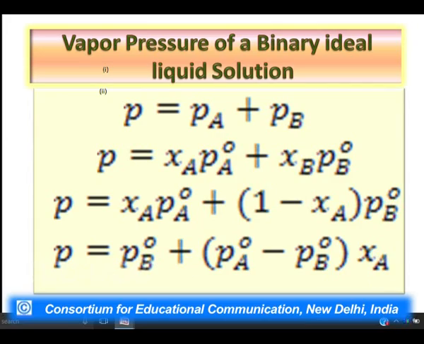So this is the equation which says that the total vapor pressure of the solution, which is formed by mixing two volatile liquids, lies between the vapor pressure of pure component A and the vapor pressure of pure component B, which you can plot and see for yourself.